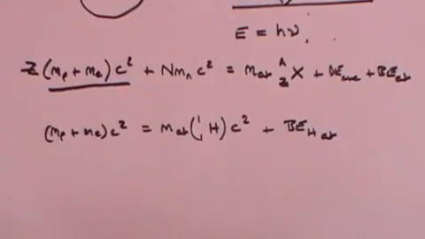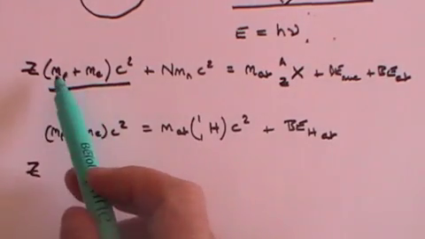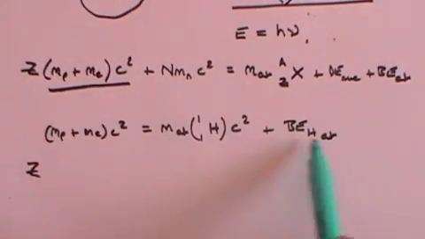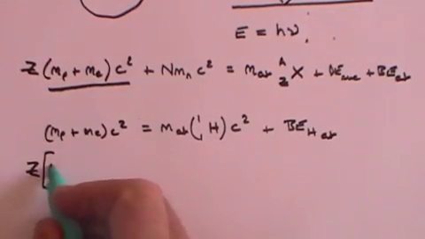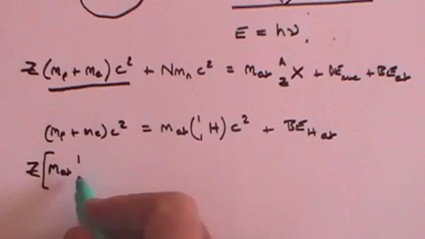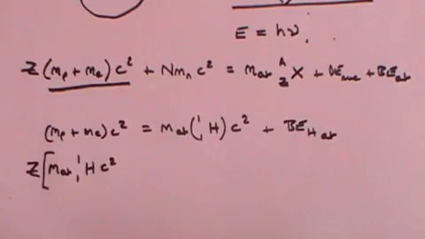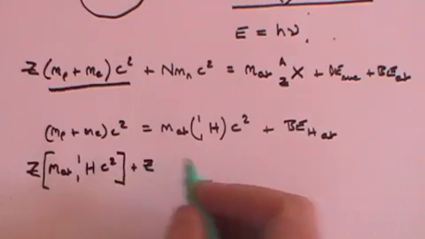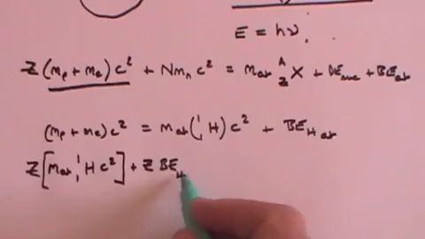So if I take this formula here, I can say Z. Now instead of Mp plus Me times c squared, I can now write this term here. So I'm going to put Z times the mass of atomic hydrogen times c squared plus Z times the binding energy, that's this term here, of a hydrogen atom.